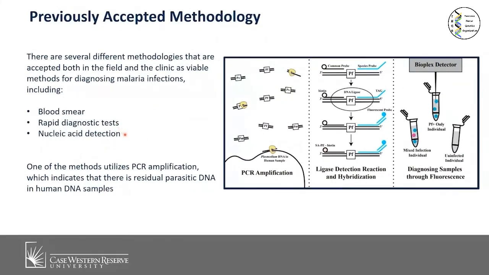The reason I find this particular method of diagnosing interesting is that it's based on PCR amplification of a parasitic gene, the 18S rRNA gene. This is interesting because it shows us that parasitic DNA is actually in all of these individuals' DNA samples that would have been submitted for sequencing.